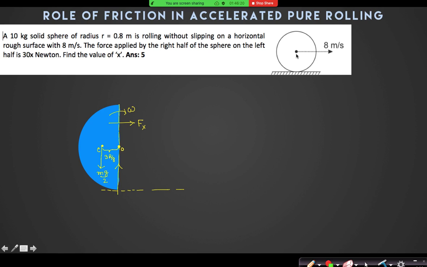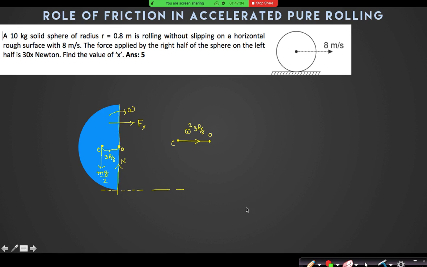Now if I see the acceleration of that center, can I say that point O has zero acceleration in vertical direction? So with respect to point O, point C has an acceleration omega square into 3r by 8 in this direction, right?